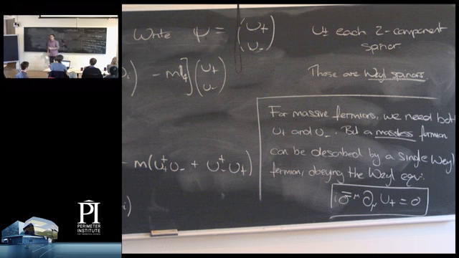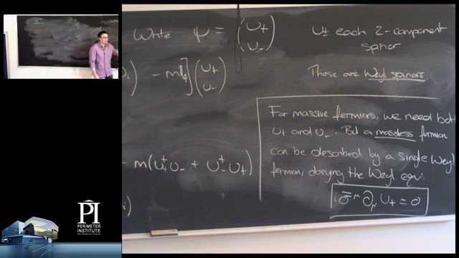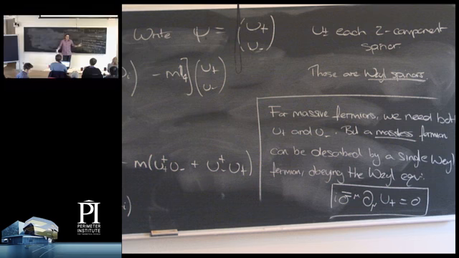Okay? So what I want to do now is just explain to you how you think about these Weyl spinors in any arbitrary gamma matrix basis. Okay? And we'll introduce this thing called gamma 5.